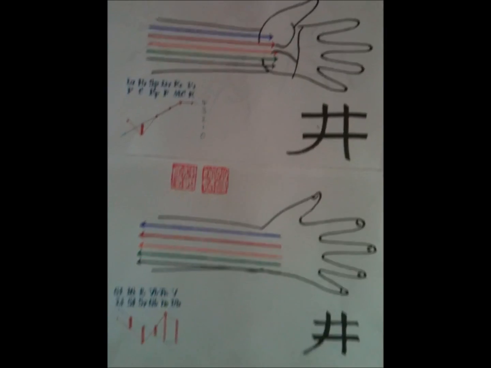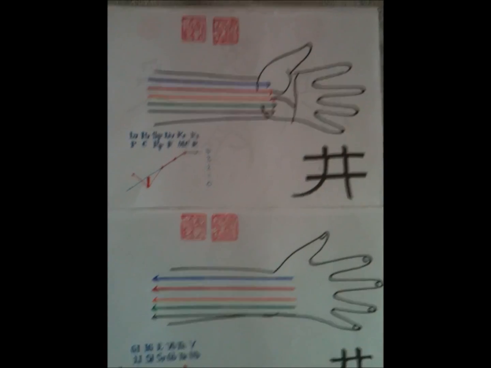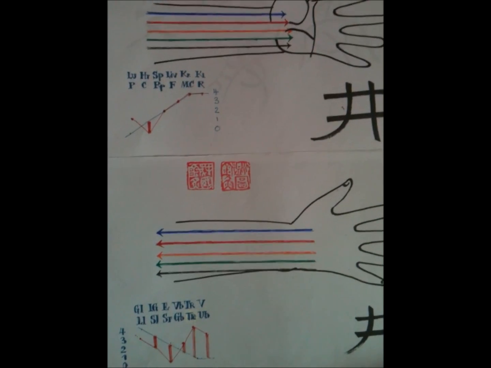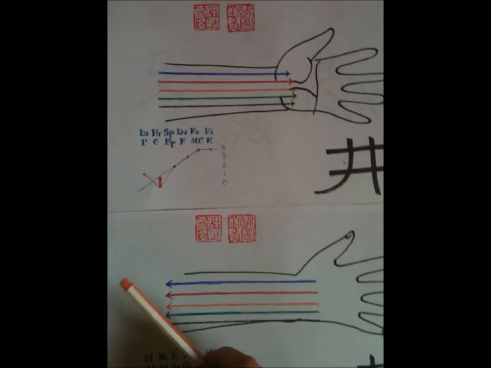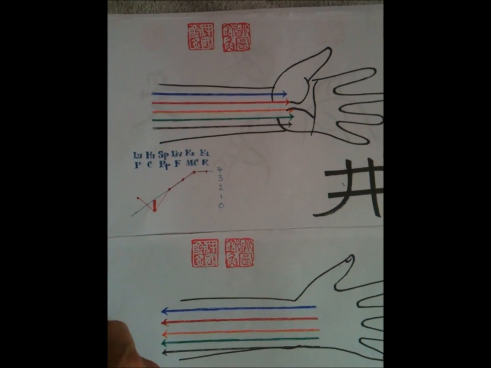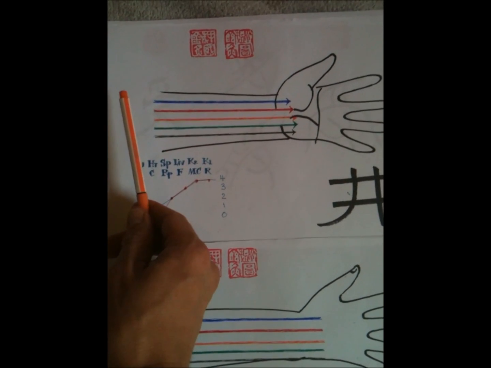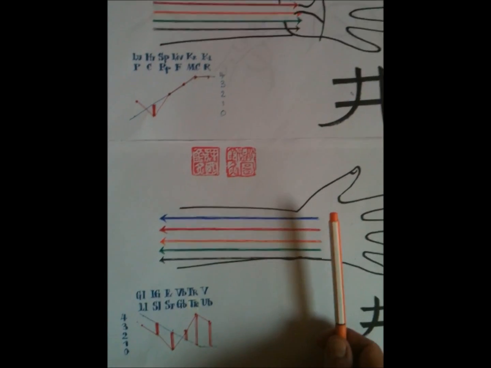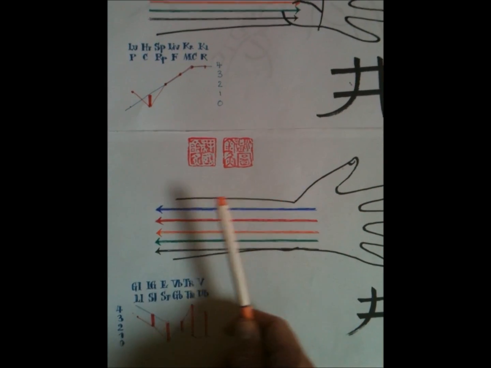So this is the picture from the last video where you can see, for example, that qi in the yin meridians of the Zhang organs flows in this direction, and in the Fu organs it flows in this direction.